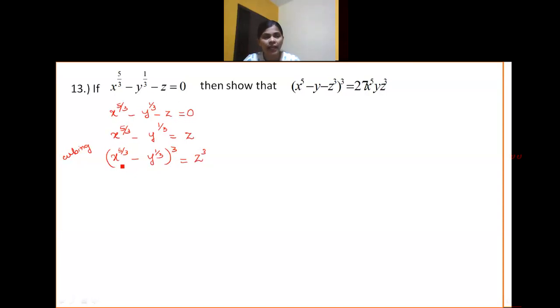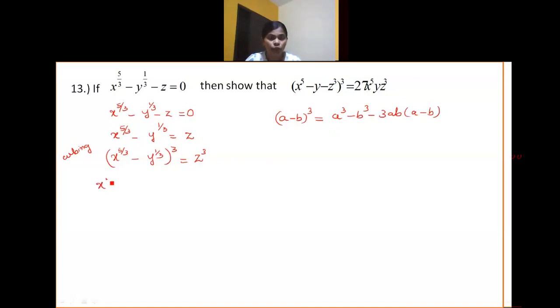On the left, I have x to the power 5 by 3 minus y to the power 1 by 3 to the whole power 3. That means I am supposed to apply the a minus b whole power 3 formula, which is nothing but a cube minus b cube minus 3ab into a minus b. Let me apply the same formula.